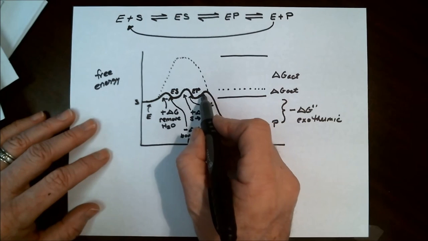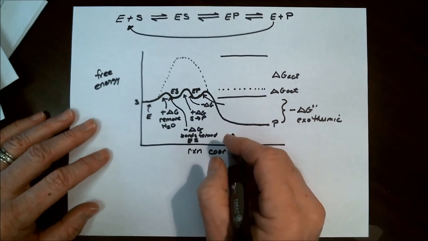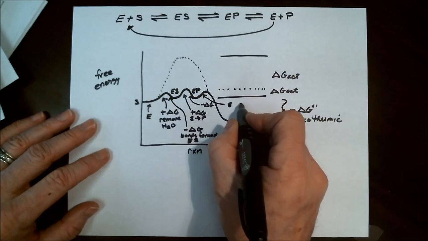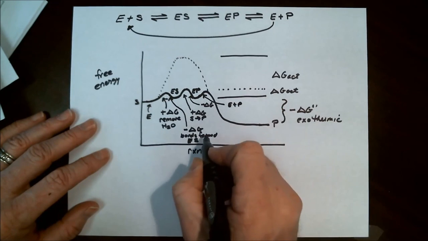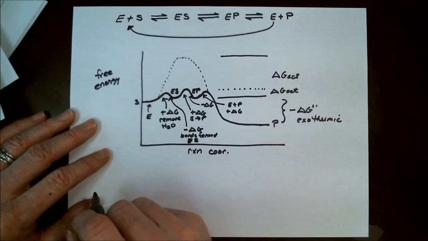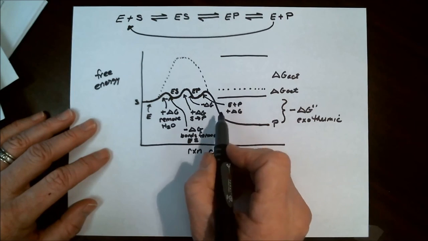The final step here is the dissociation of enzyme and product. This requires a positive input of delta G, a positive input of energy, in order to break the bonds between the product and the enzyme.